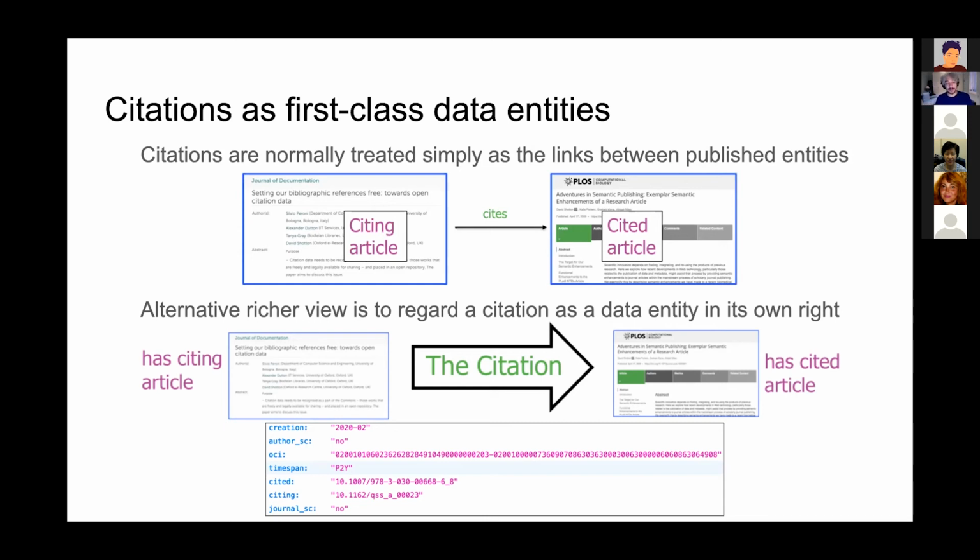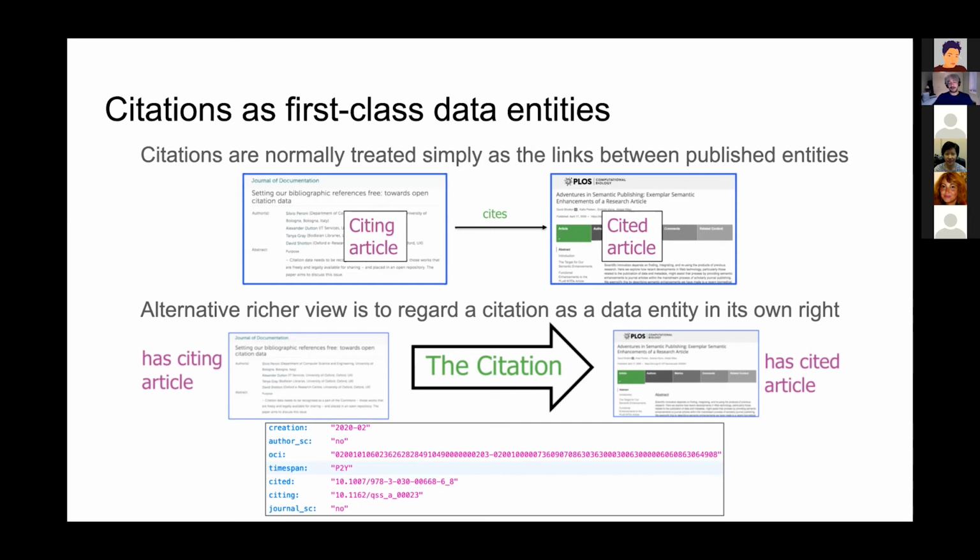The time span is the distance in time between the date of publication of the citing article and the date of publication of the cited article, provided using a specific format called duration. In this case, for instance, the time span is 2 years between the citing article and the cited article. And then there are, of course, the DOI of the citing entity and the cited entity.